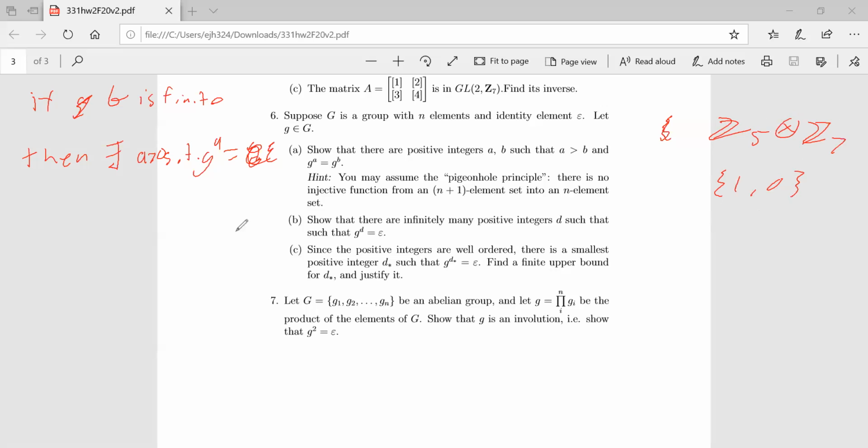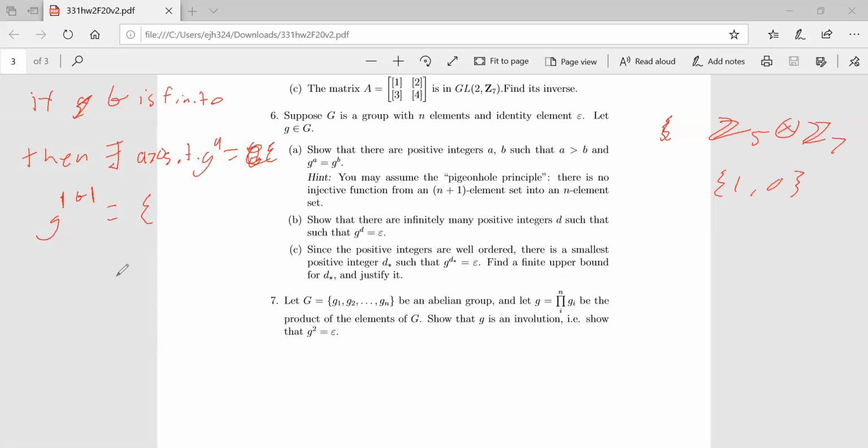So that tells me that no matter what, if I raise G to the cardinality of G, it is going to be the identity, regardless of what G I start off with.